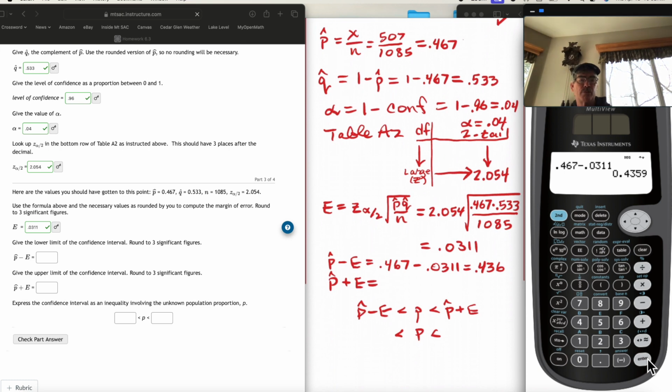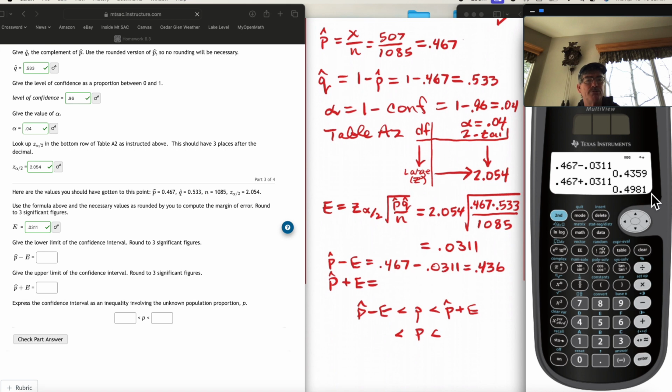And then I need to add these as well for the upper limit of the confidence interval. Just a reminder, if you press the up arrow, highlight something and press enter, it does a copy and paste, and you can go back and edit it. I always do that on the confidence interval. I don't like typing things twice.